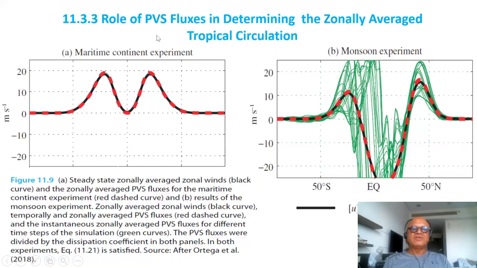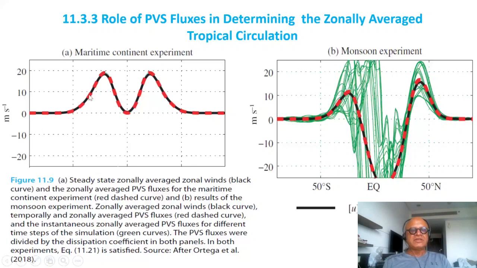So here, just reaffirming the role of PVS fluxes in determining the zonally averaged tropical circulation. Just look at the steady state zonally averaged zonal winds in this black curve here, and the zonally averaged PVS fluxes for the maritime continent experiment from the shallow water monsoon model.